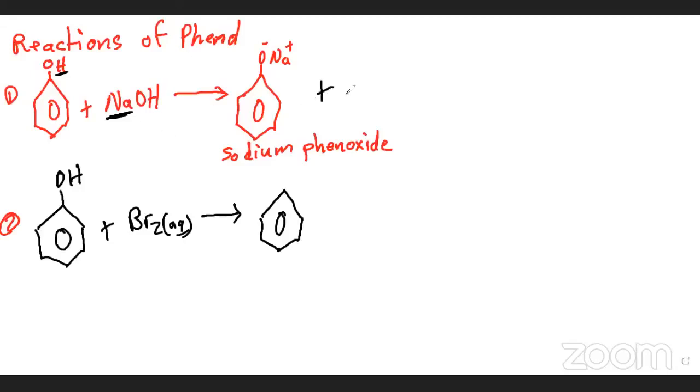For this one, we're going to get 2,4. What would be the name of it?